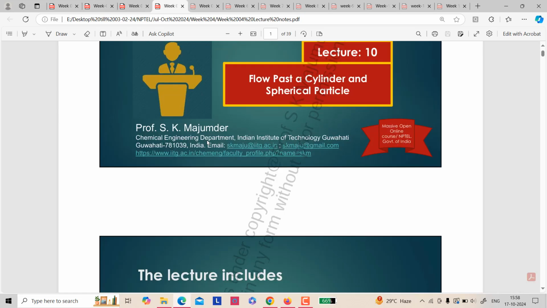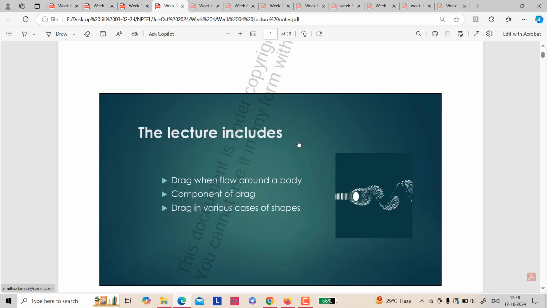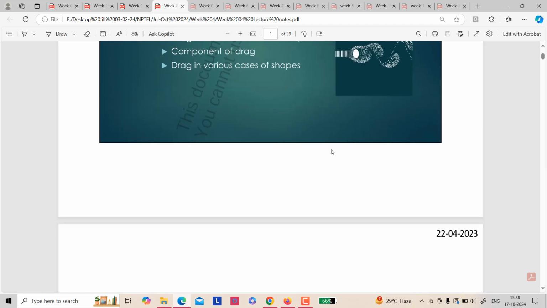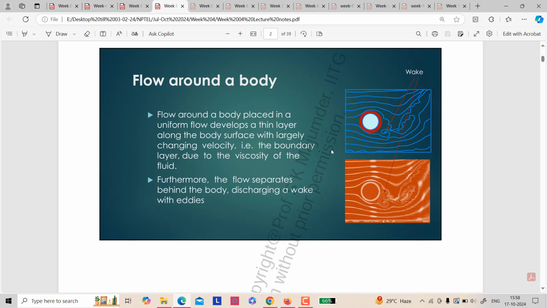In the fourth week, we were taught about the flow past a cylinder, so flow around a body. When a fluid flows, it maintains a proper direction or motion.